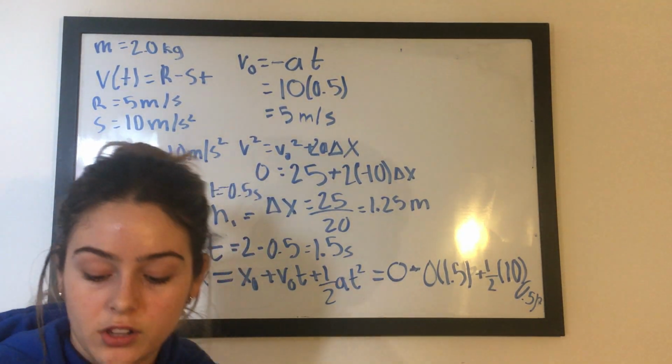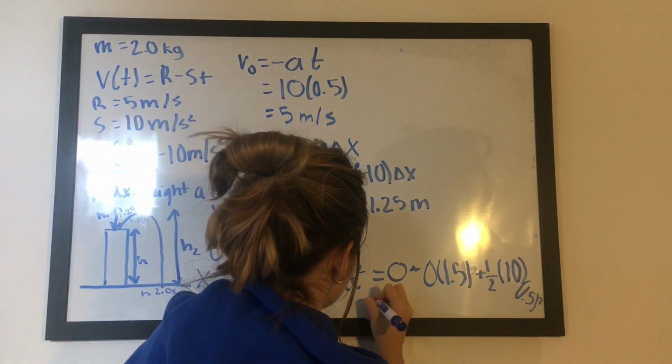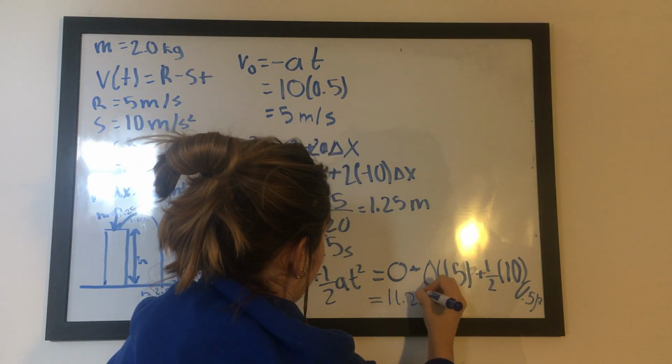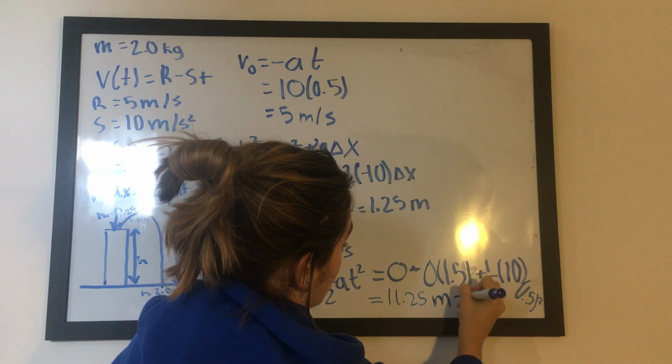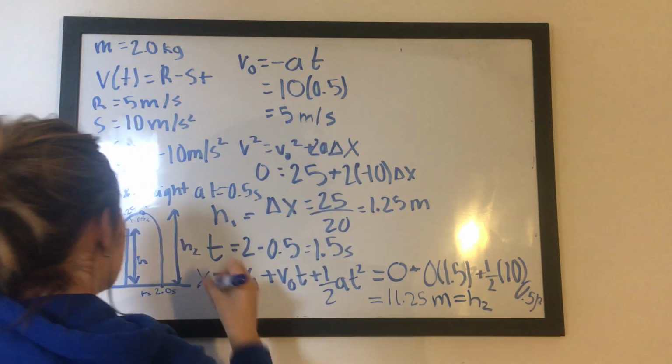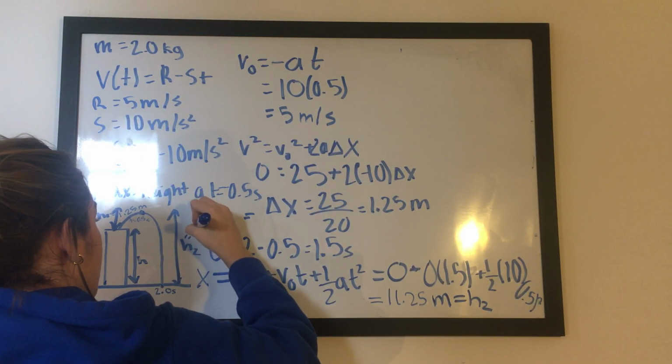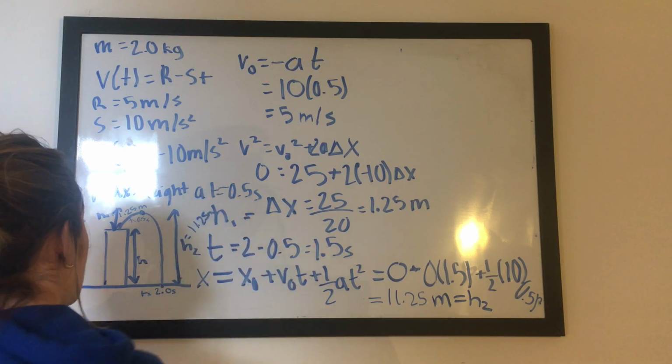If you multiply it all out together, you will get 11.25 meters, which is also known as height 2. So now we know that height 2 is equal to 11.25 meters.